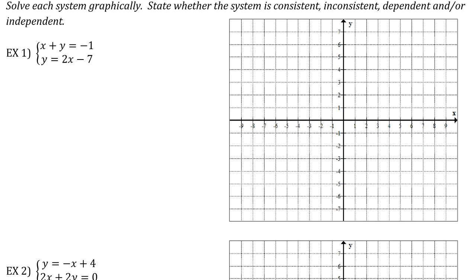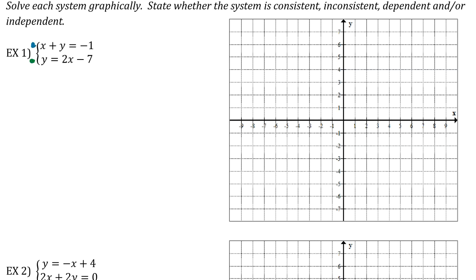All right, so let's look at our first example. X plus y equals -1 and y equals 2x minus 7. All right, so we're going to graph both of these just so we can kind of color code it. I'm going to make the top one blue, the bottom one green. Now, you can graph these however you want.